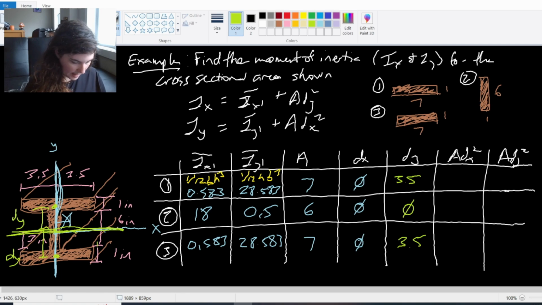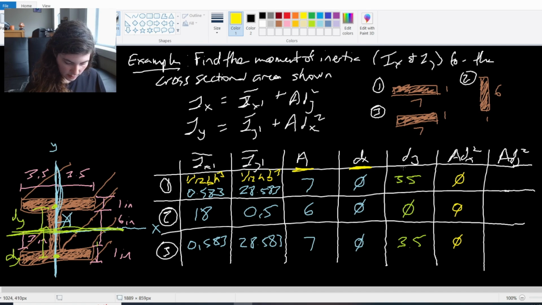Then I have my area. So my area times dx squared. So now I'm just taking everything that I filled in my table. Area times dx, which all of my dx's are 0. So here I get zilch across the board.